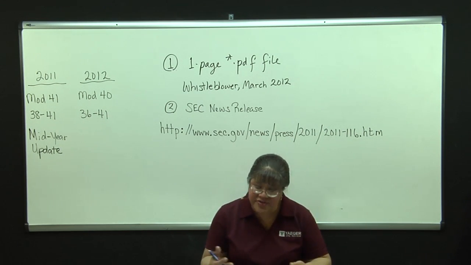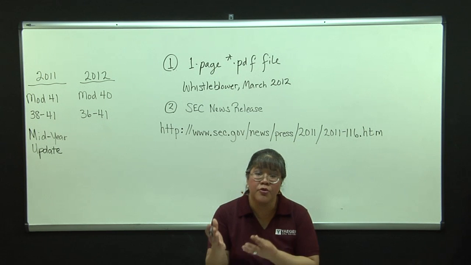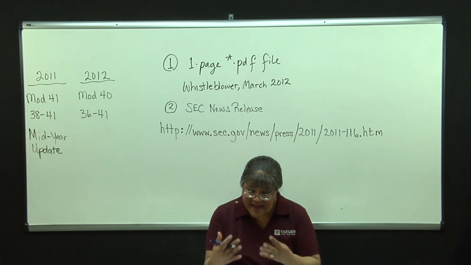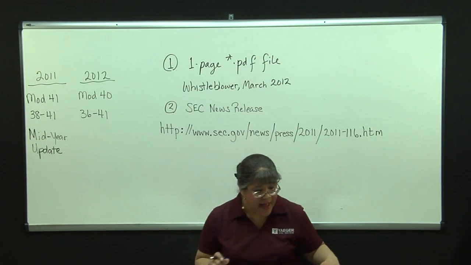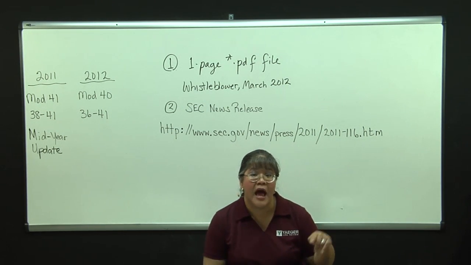So you're encouraged then to report it through your internal corporate governance system, and this may actually increase the amount of your award. Okay, now let's go back to the SEC news release.